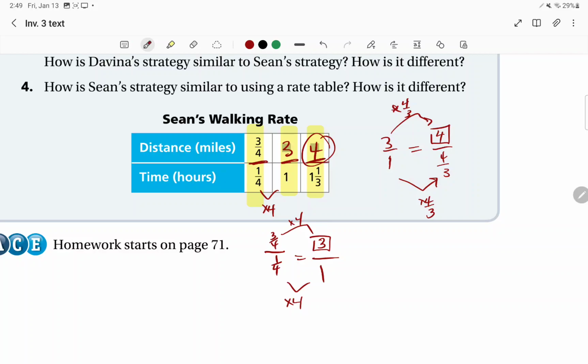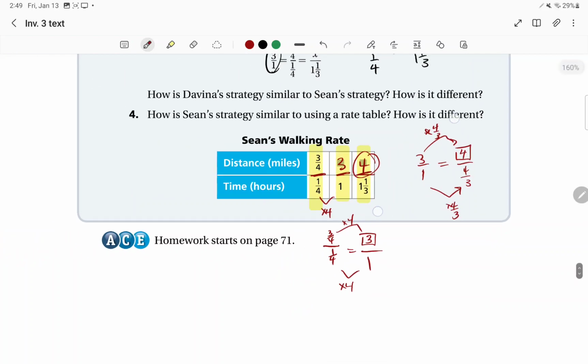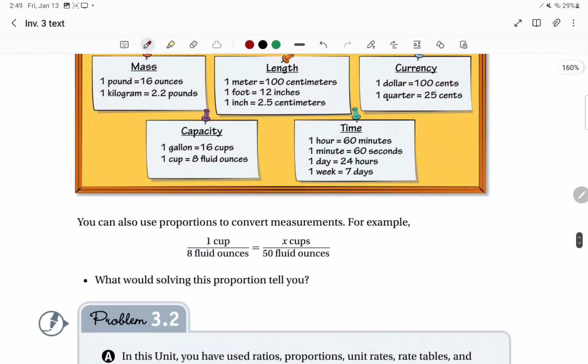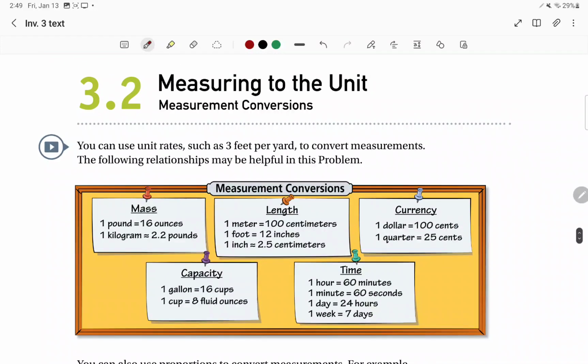All right, so it's the same thing. You're just scaling up, scaling down, similar to the stuff that we've already done hundreds of times before. It's just looking at it through a different lens or a different context. And that is all that I have for 3.2, measuring to the unit, looking at measurement conversions.